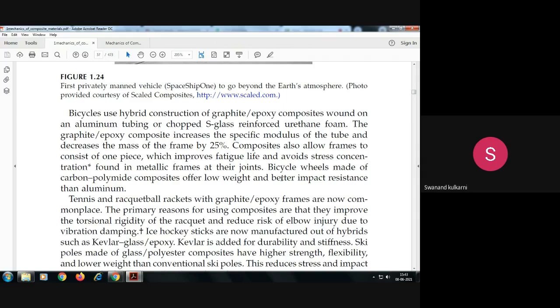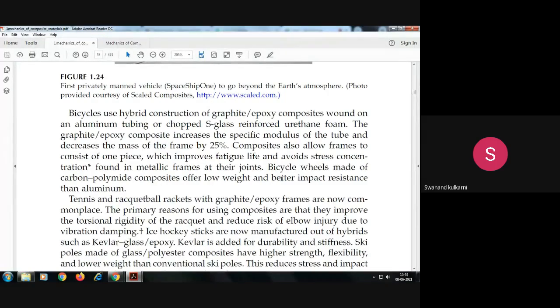A bicycle must be lightweight, no doubt. Everybody wants that kind of lightweight bicycle, and that's why previously metals were used, steel was used in bicycles.